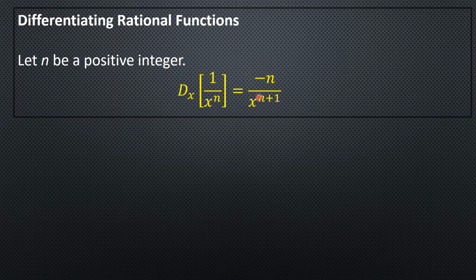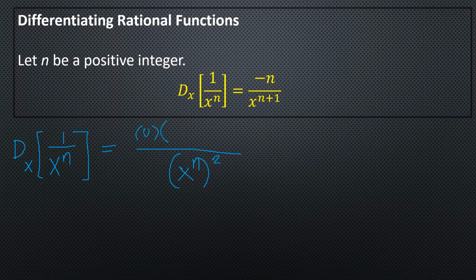Remember that when we talk about a rational function, we are utilizing the rule of quotient, and the derivative of 1 over x raised to n, as part of our proof, will give us, okay, we need to square the denominator as part of the rule of quotient. Get the derivative of the numerator, which is 1, and the derivative of the numerator is 0.